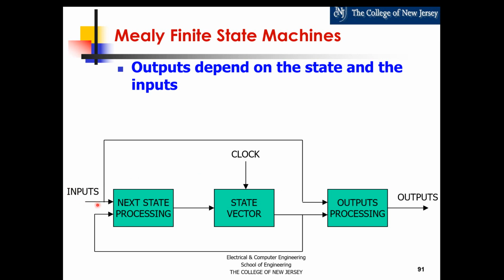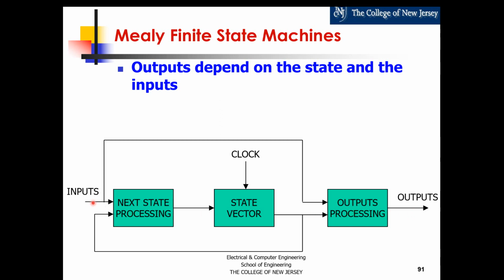The inputs can change at any time, so the outputs can change at any time. So this gives you faster response, or less latency, for an output to respond to an input, and sometimes you may need that, versus going through the next state logic and changing the state and then changing the output.